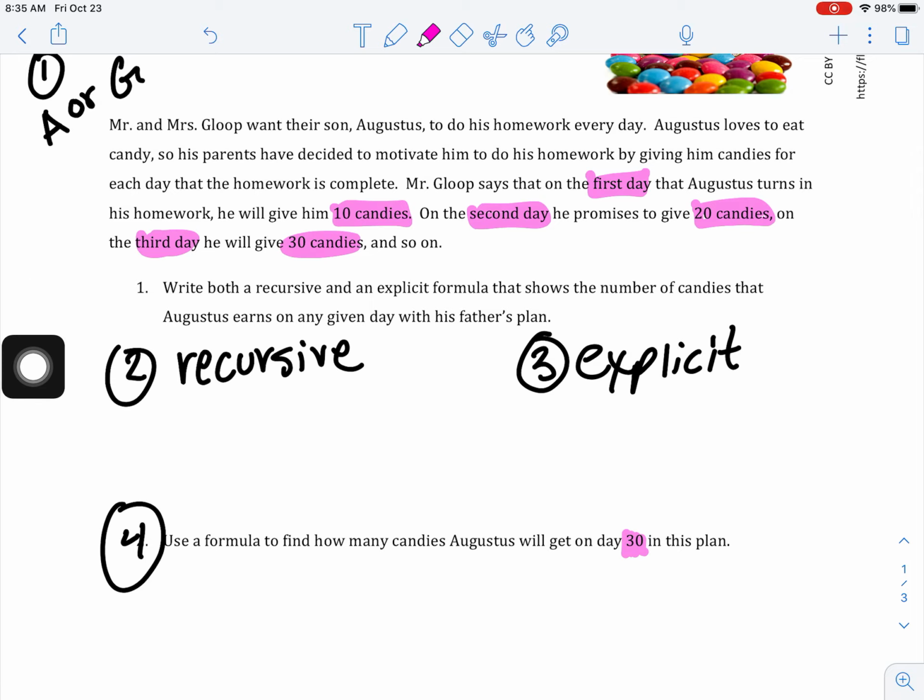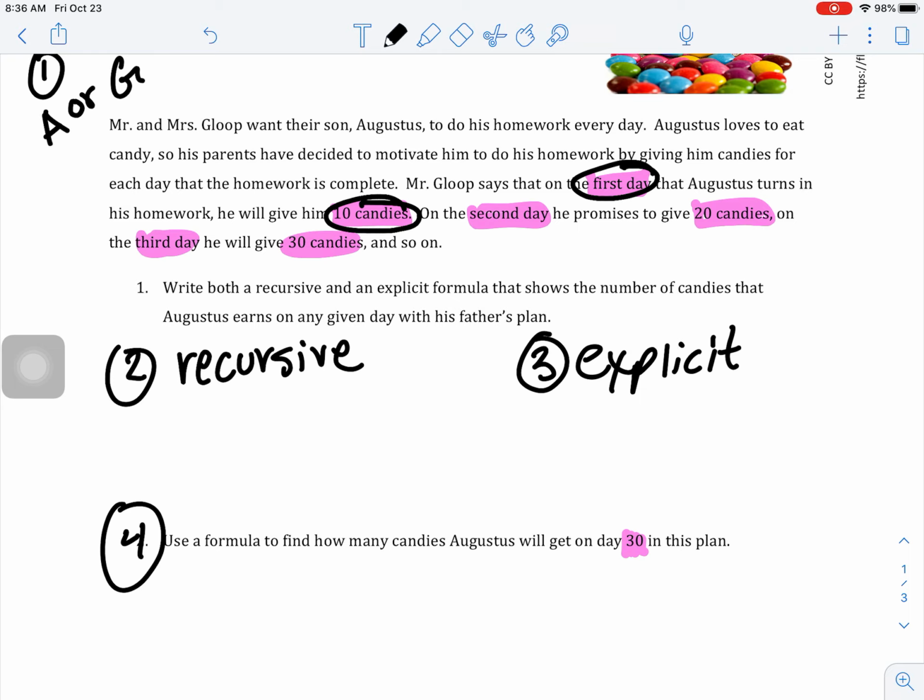And then once you have answered that, you want to go ahead and write your recursive. Remember, recursives are always f of n equals f of n minus 1 action. And then don't forget to give that starting value. And in this case, it starts on the first day. There were 10 candies. So that's also a pretty big hint.